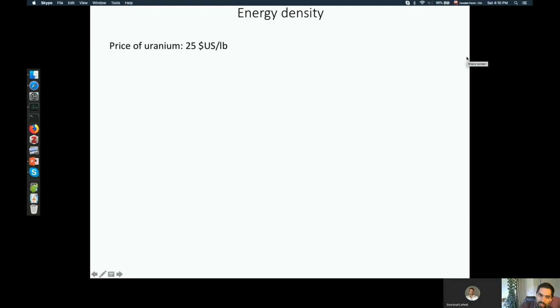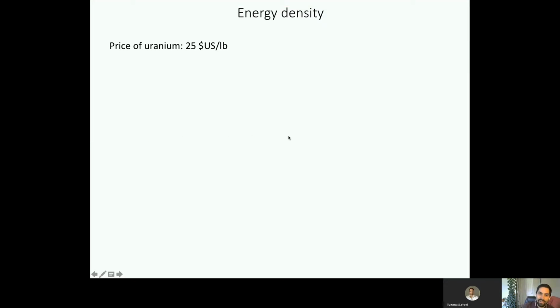So this piece that I showed you would be around $20. It's very cheap. It's basically a very good deal. And nuclear power plants spend very little money on fuel. All the money they use goes into building the reactor and operating it, maintaining it, and all of that.